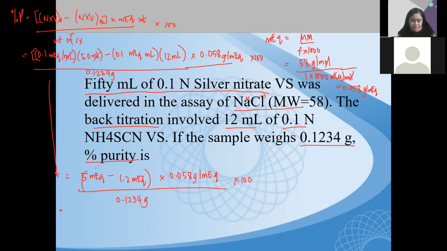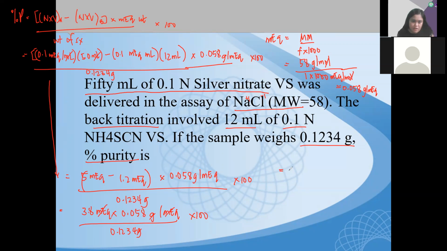So 5 minus 1.2 is 3.8 MEQ times the 0.058 grams per MEQ divided by 0.1234 grams times 100. Cancel the MEQ, cancel the grams also.